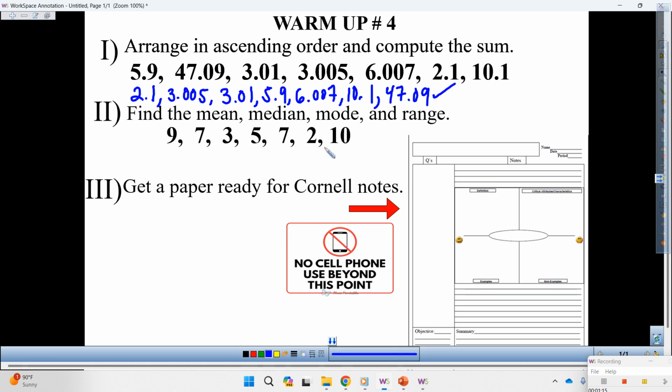Ascending order. Pass someone. What'd you get? Ascending order. Very good. Hands, have you got that?